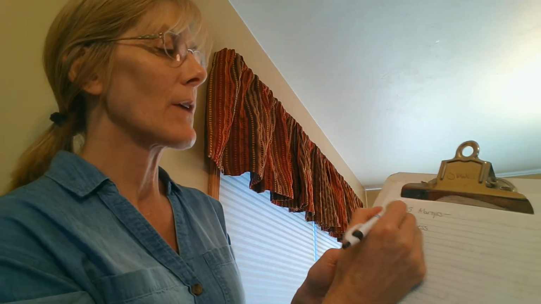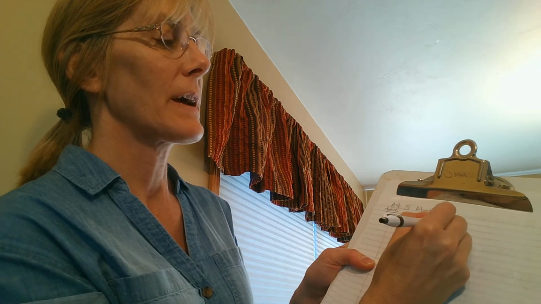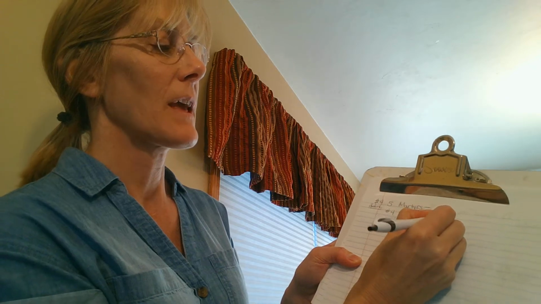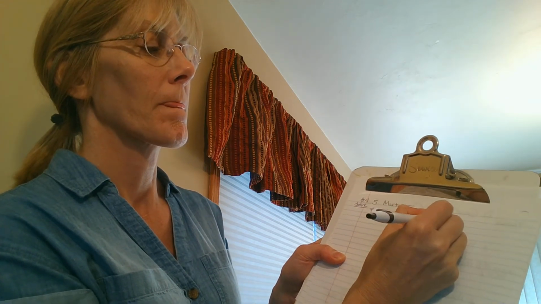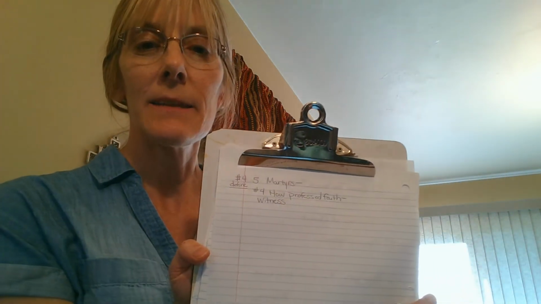And then, how did the martyrs profess their faith? So that is still part of number 4. So then I would write define, and then also write here number 4, how professed faith. And then I'll just leave a little dash so I can fill that in.